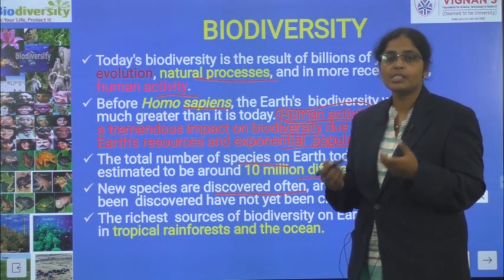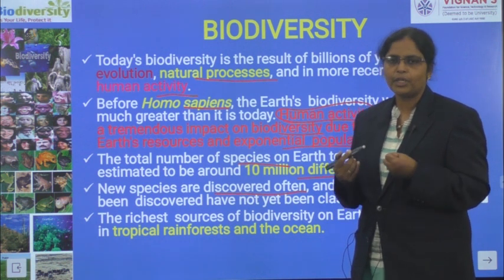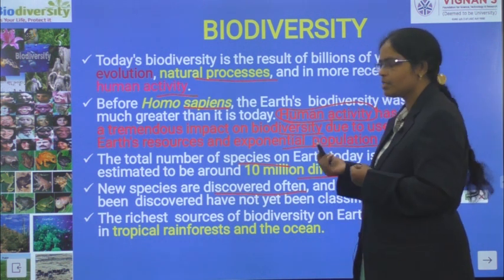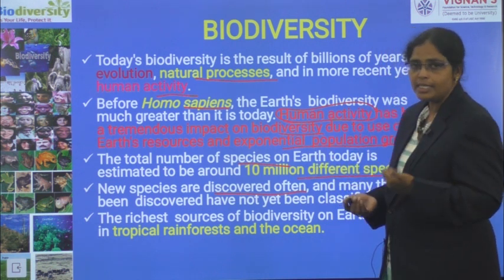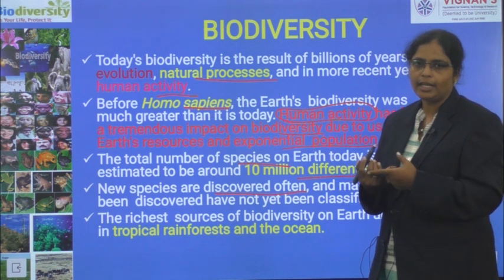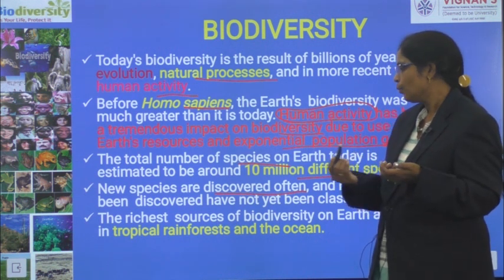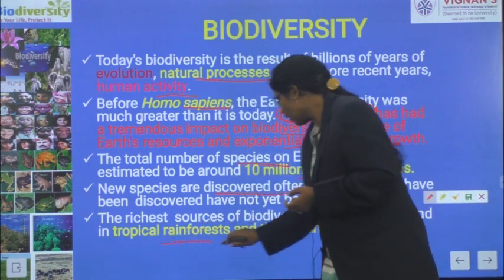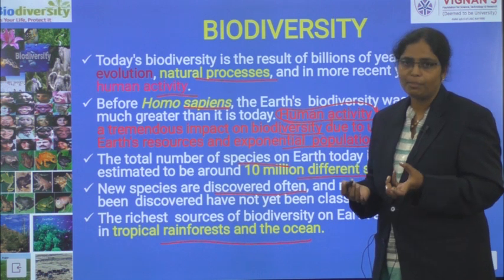That means we have a lot to discover, where we can identify the potential of this biodiversity that is helpful for humankind. Out of all the ecosystems, terrestrial, marine and aquatic, the tropical rainforest and the oceans have the greatest amount of biodiversity.